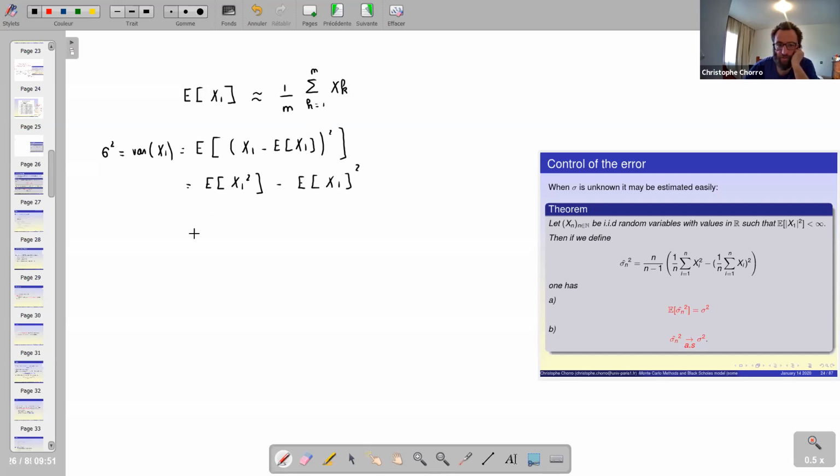Using this kind of approximation, I can approximate this quantity by 1 over n, the sum from k equal to 1 to n of xk square, minus the square of the expectation, that is minus the square of my previous approximation.